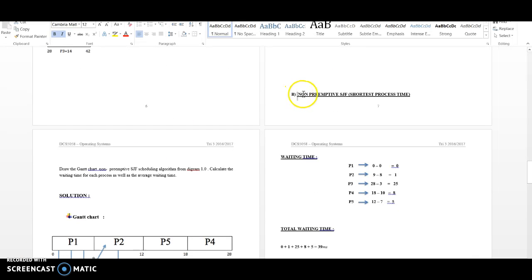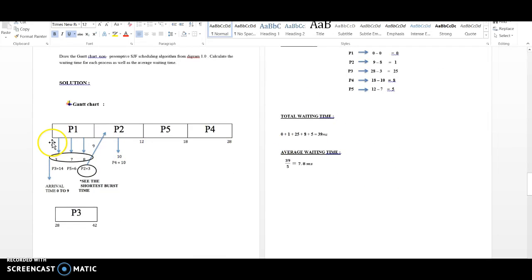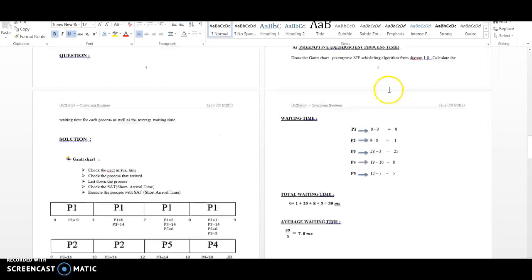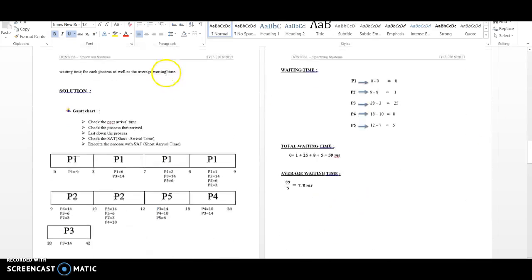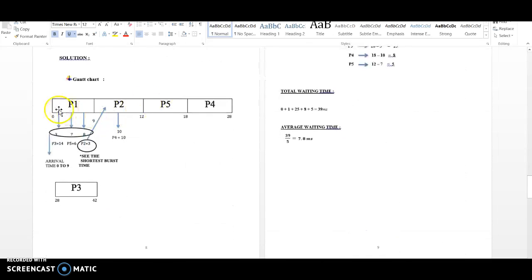So now is non-preemptive shortest process time. Basically we have to start from 0. We look here, the table has been given. So 0, the burst time is 9. We have to list it up, 0 to 9. Then we have to see how many processes arrive between 0 and 9. We got 3 processes, 3, 7, 8.